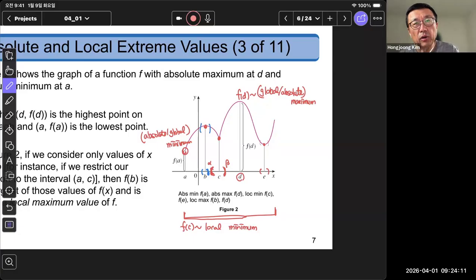So the value of the function at B in that sense is called a local maximum. Then how about D? Around D, I can also find some interval, and on that interval f of D will be the largest value. So f of D is a global maximum, but it is also a local maximum.